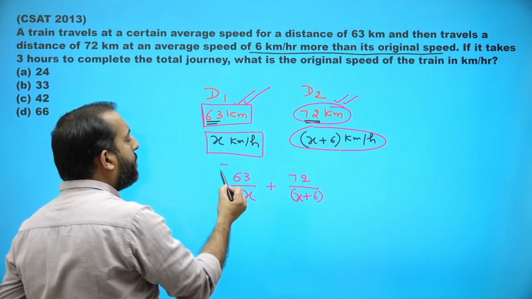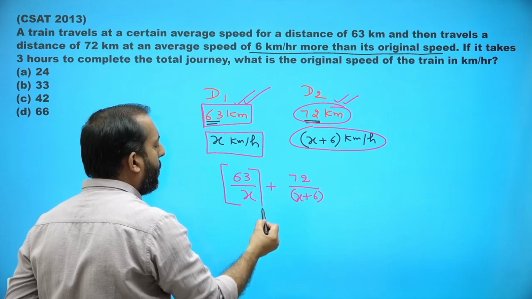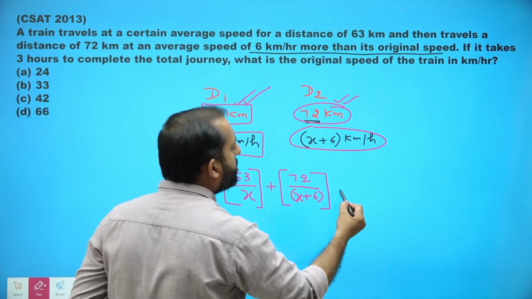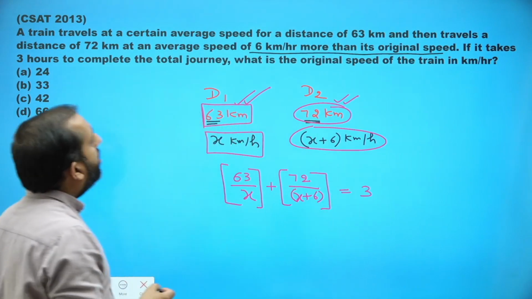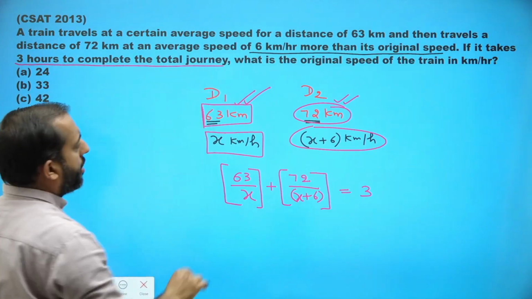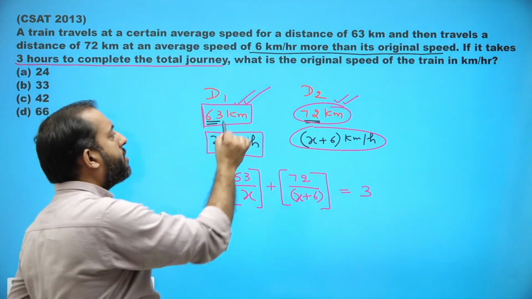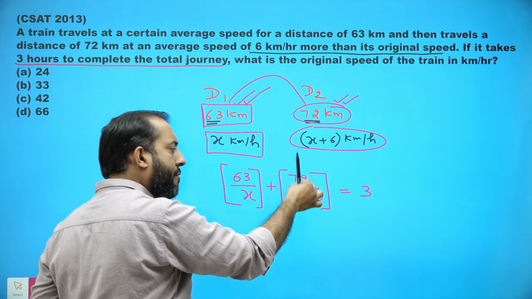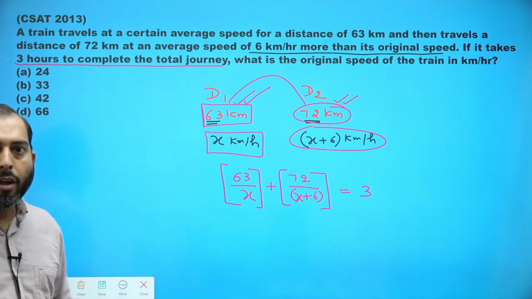Time taken to travel 63 kilometer plus time taken to travel 72 kilometer must be equal to 3, because it is given that the total journey takes 3 hours. So total time should be 63 upon x plus 72 upon x plus 6.